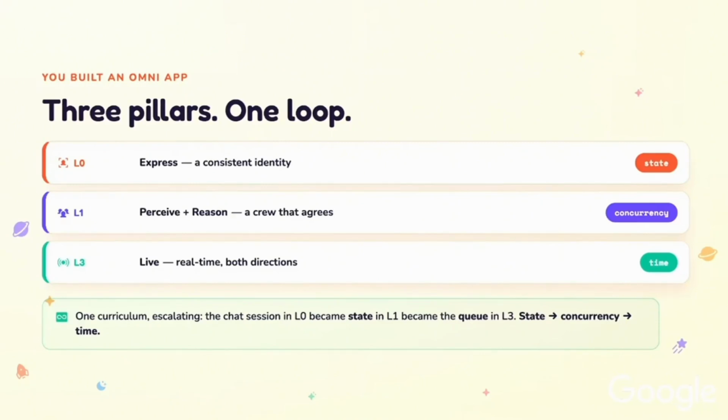For level 1, that is the perceive and reasoning part. You learn how to gather and decide. In level 1, you orchestrate a multimodal agent that is able to perceive and understand image and video data. You learn how to process them, and how to build a multi-agent system where different specialists make a decision together, vote, make a final decision and do the reasoning together. And at level 3, you build your bidirectional live multimodal agent.